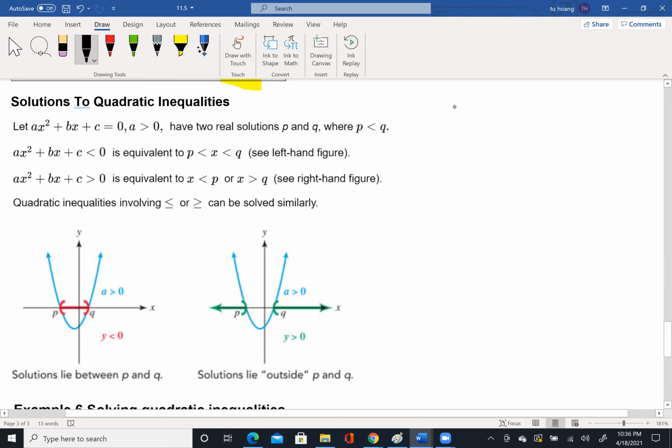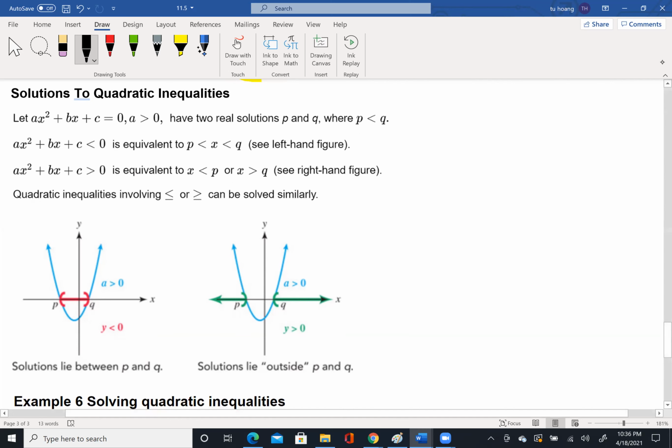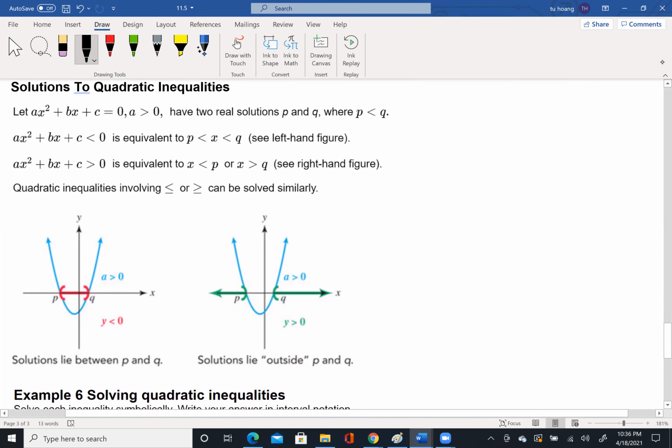Okay, so now we're gonna talk about solutions to quadratic inequalities. If ax squared plus bx plus c equals 0, with a greater than 0, has two real solutions, p and q, like I said above, with p less than q, then ax squared plus bx plus c less than 0 is equivalent to p less than x less than q.